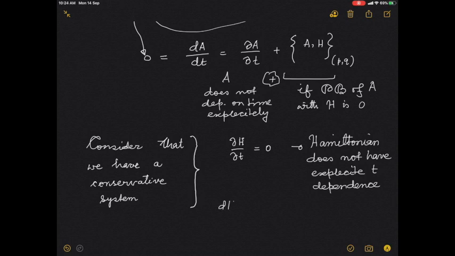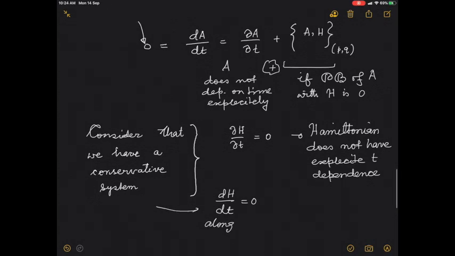So which means, now dH/dt has to be 0 along the trajectory.